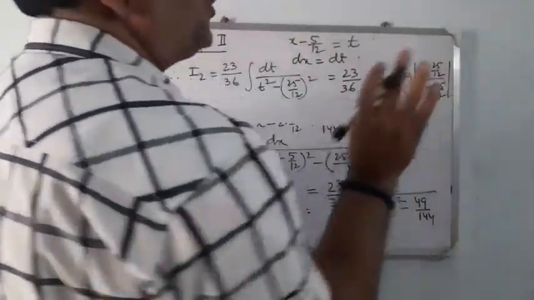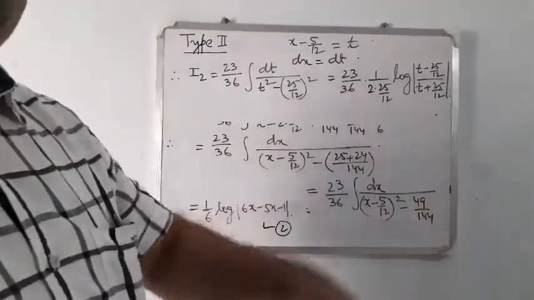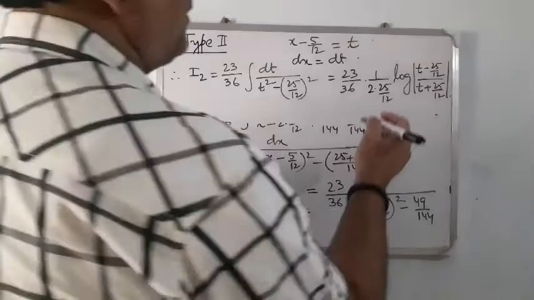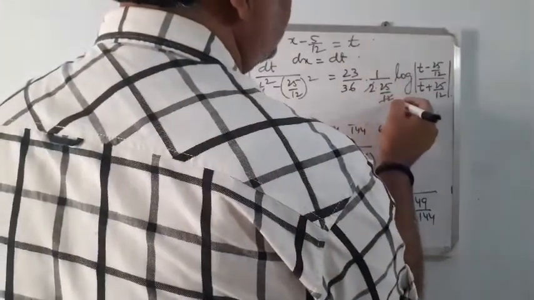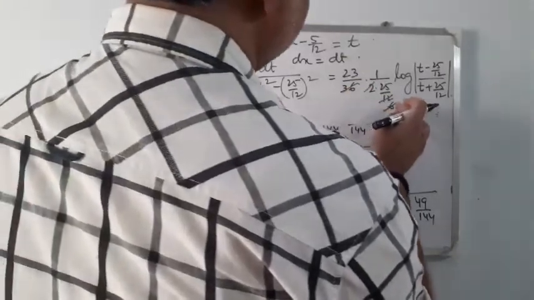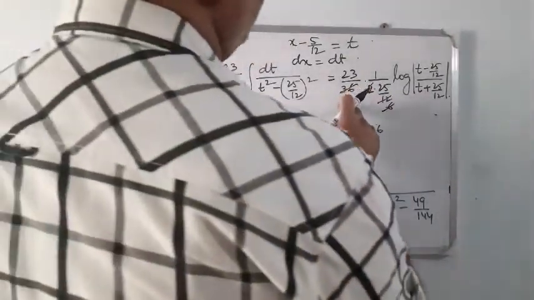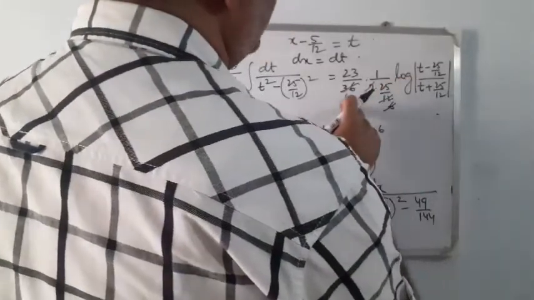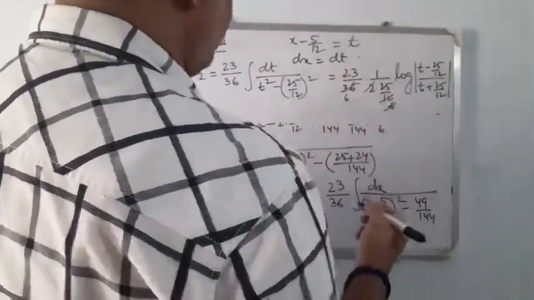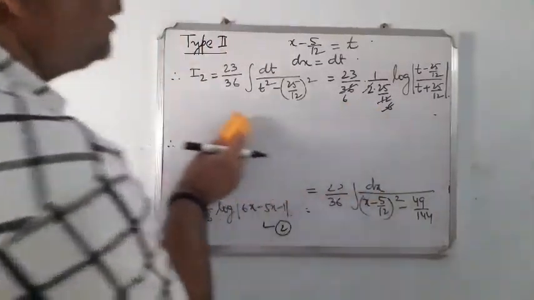And plus c do not mention here because we will try to write plus c directly at the last stage. So now what happens? This 2 cancels this 12 as 6. 6 cancels this 36 as 6. So now what happens? 6 into 25, that is 150. So 23 by 150, you can write here 23 by 150.